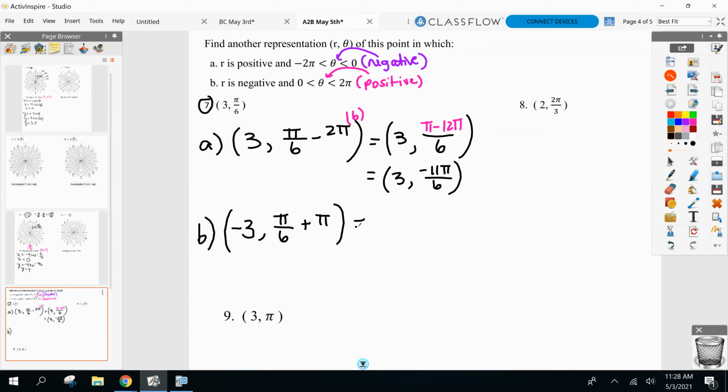All right, let's go. Negative 3. 6 is my common denominator. So I'm going to be left with pi plus 6 pi. So for part B, my answer is going to be negative 3, 7 pi over 6.